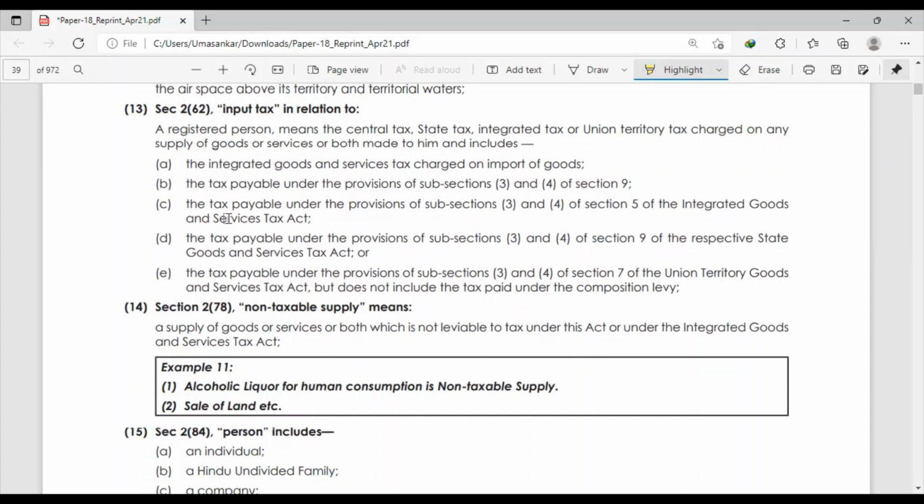But we'll go through the definition now. It means the central tax, state tax, integrated tax or union territory tax charged on any supply of goods or services or both made to him, and includes integrated goods and services tax on import of goods and tax payable under reverse charge, under section 9 subsection 3 or 4. We'll read these sections later. Just consider tax payable: when we are paying all this tax payable, it becomes our input tax for nullifying our output liability.